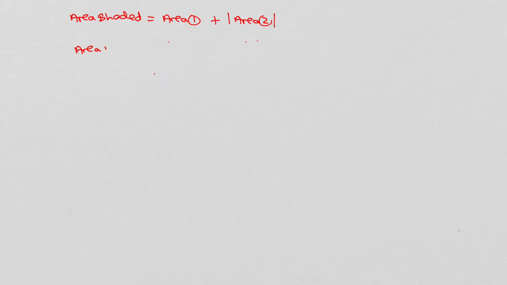So area 1 is our integral of the function, which is x cubed minus 4x squared plus 3x dx between the limits of 1 and 0.